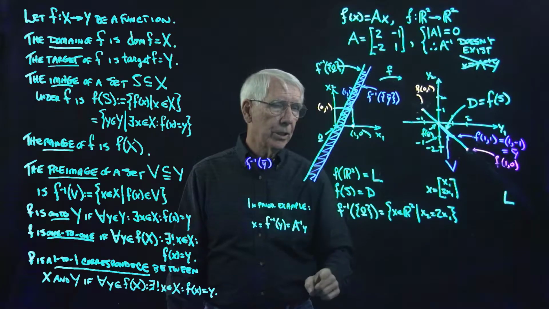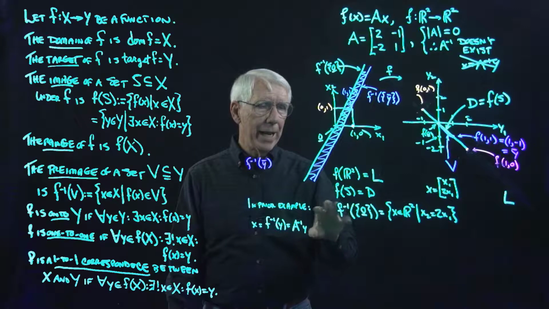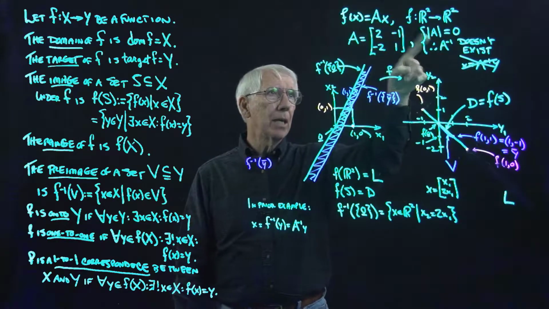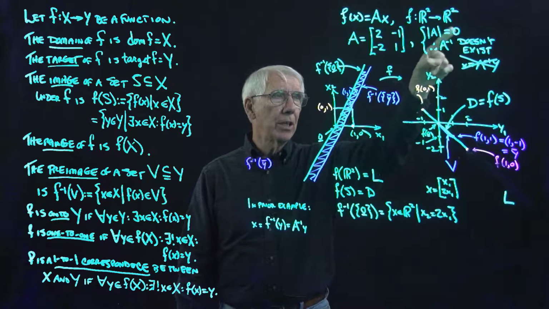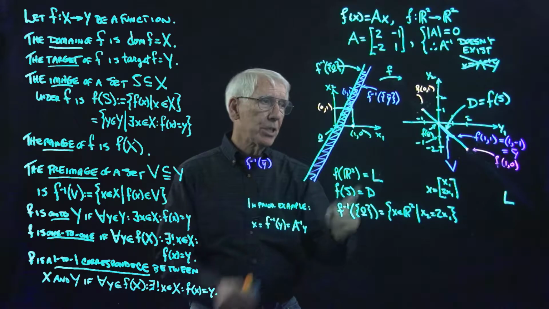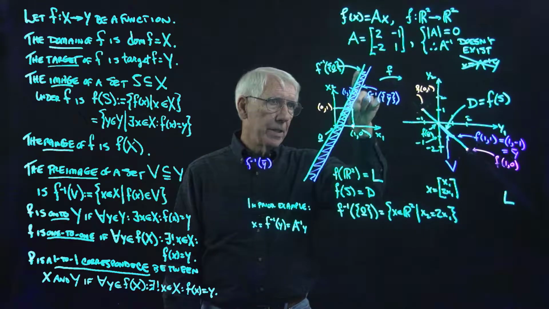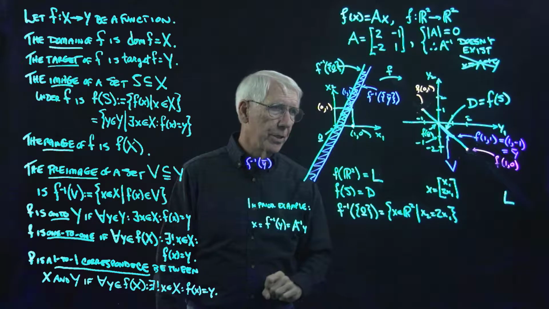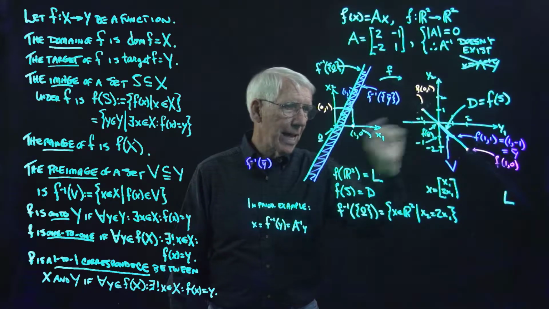So here you can see that the way the function behaves when I have a singular matrix that defines the function is quite different from the way it behaves when I have a one-to-one correspondence, because the matrix is non-singular with a non-zero determinant. Here, things get collapsed. So this entire green line here maps to the origin, the zero vector. The entire line gets collapsed to this.